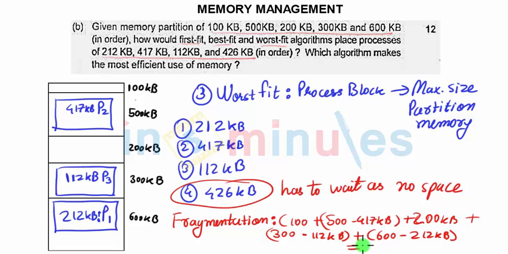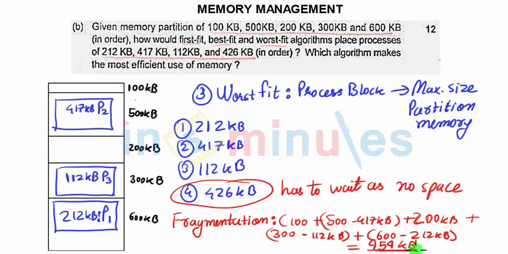This would be 100 plus 500 minus 417... totaling 959 KB, and that too with process 4 waiting.